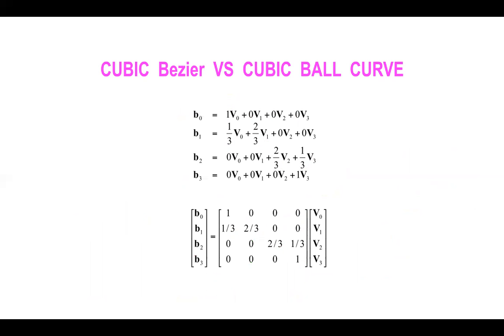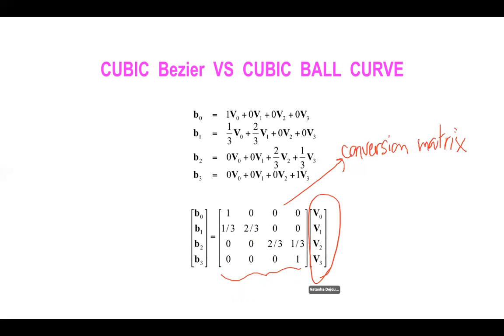Okay, we can write this as the conversion matrix. This conversion matrix represents the relationship between side ball curve and Bezier curve. We can convert from ball curve into Bezier curve by using this formula. What if we want to convert from Bezier to Wang ball or to side ball? What can we do?